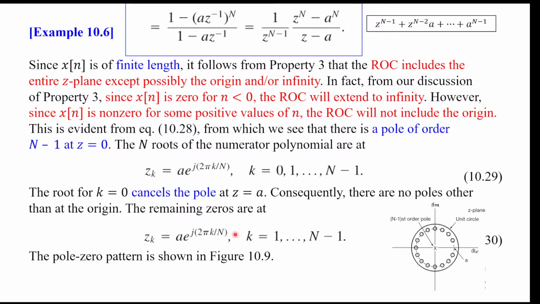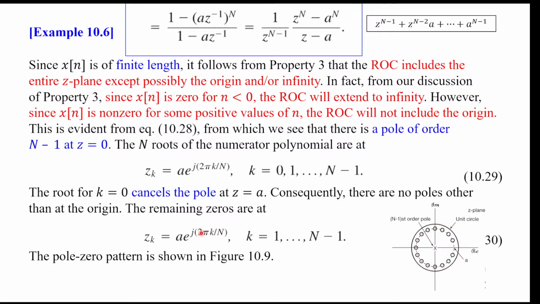So the remaining zeros are of this form. They have radius a, and this z_k, there are n-1 of them indexed by this small k, and they are placed at equally spaced points on this circle.